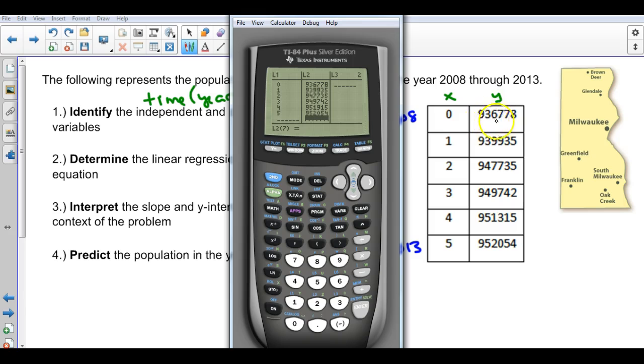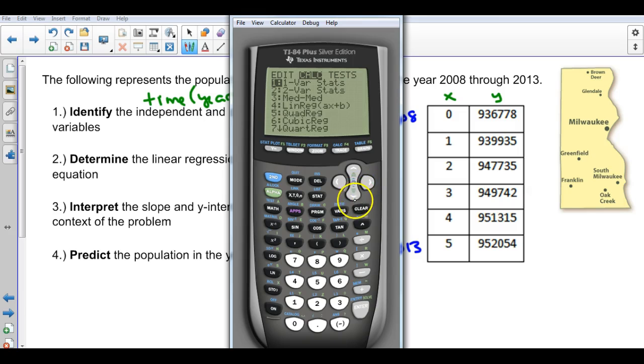Notice it was 936,000. That's 939,000. So it's increasing by almost 3,000 people every year. Some years are more than others, and again, what the trend line is going to do is show us an approximation of how many more people the city is adding every year, and that's what's going to allow us to determine a prediction.